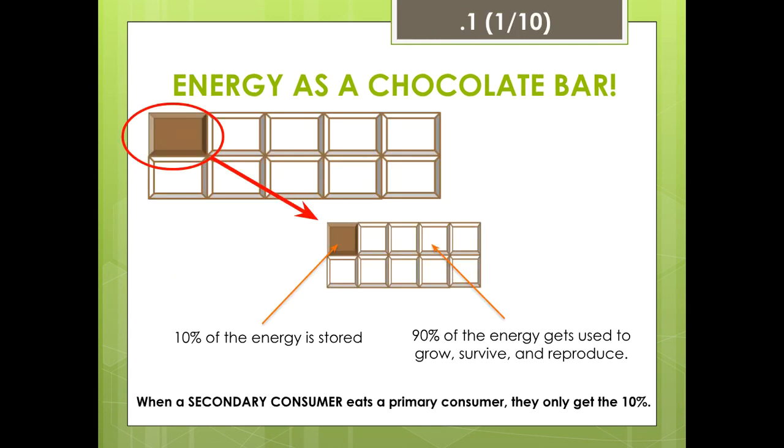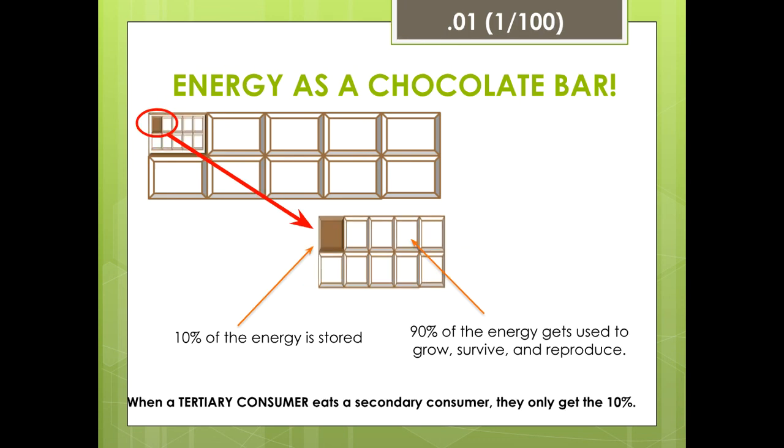Now, out of that little square, the primary consumer uses up 90% of it and stores 10%. So when a secondary consumer then eats that primary consumer, they only get a little portion of that square. The secondary consumer uses 90% of that chocolate energy and stores 10% of it.